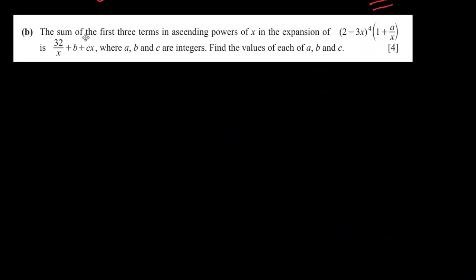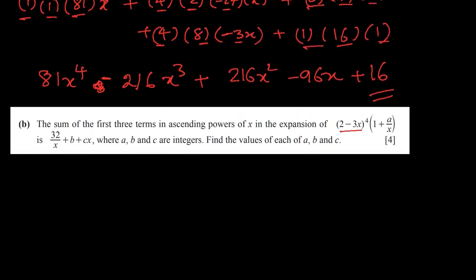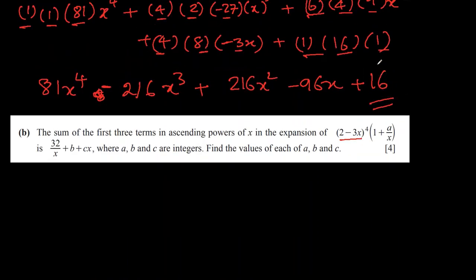Next, the sum of the first three terms in ascending powers of x, in the expansion of this. Okay, so we did not expand in ascending powers of x, but it's okay. We'll count from this way. So this will become ascending powers of x, 2 minus 3x to the power 4, and plus 1 over ax is this.